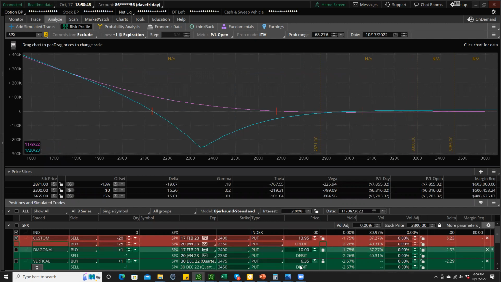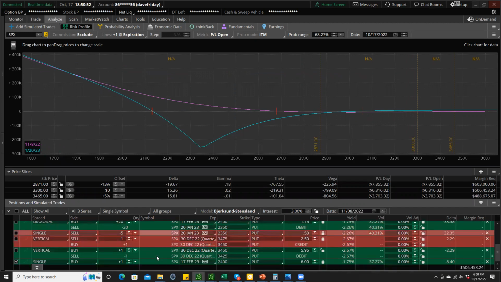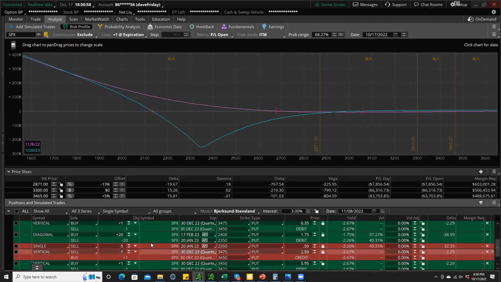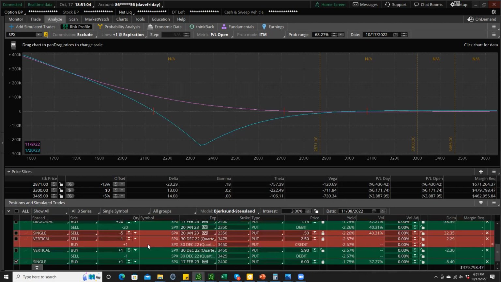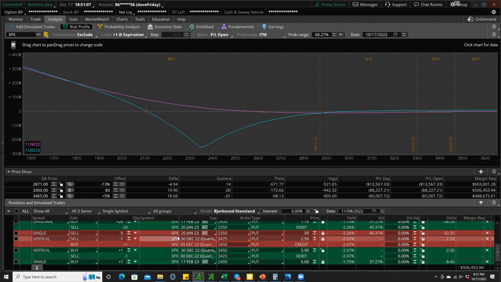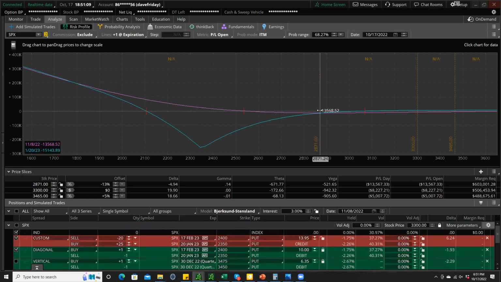So we can do that. We could buy back one of these diagonals. I think that's what I was simulating here. I could buy back one of them, and that will raise my T+0 line.